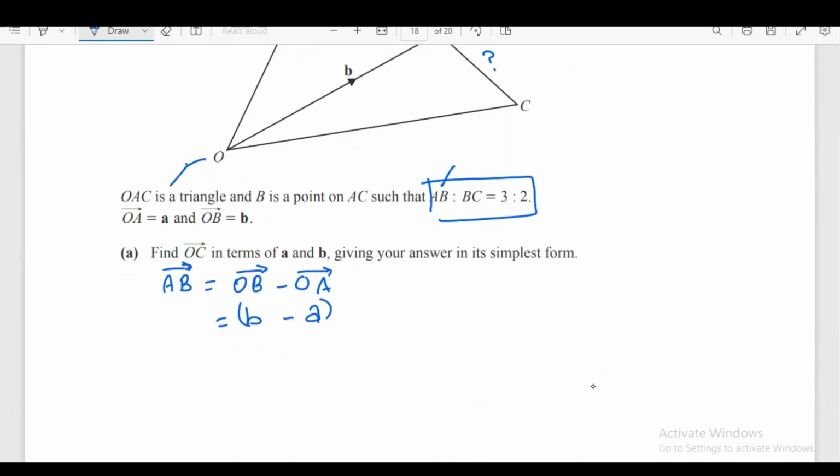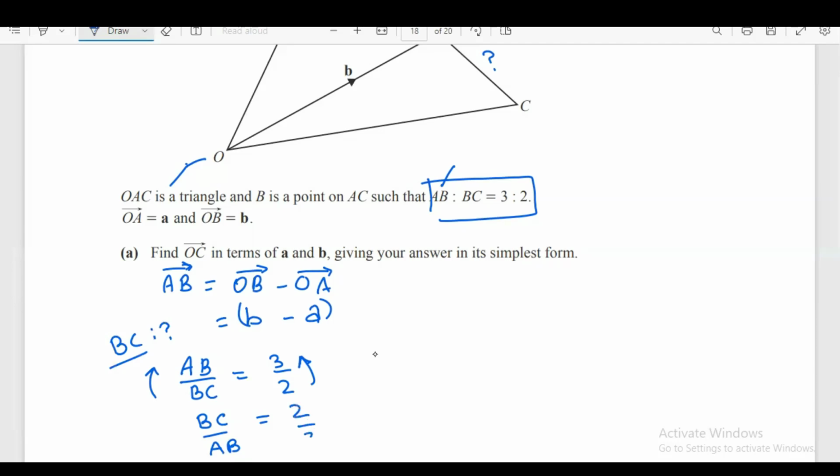So I'm going to write the ratio of these two lines: AB over BC equals 3 over 2. Since we have to find BC, we take the reciprocal of this fraction, so it is BC over AB.